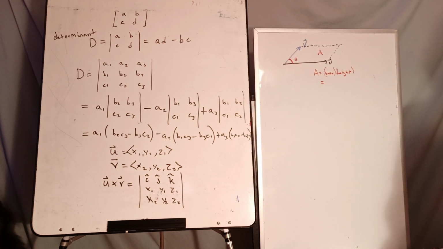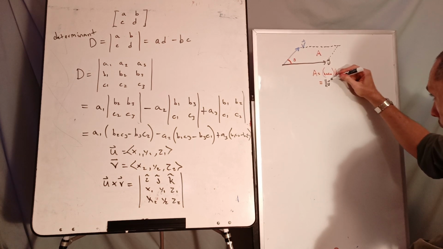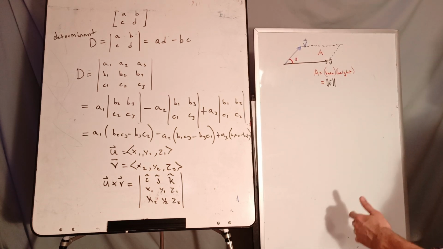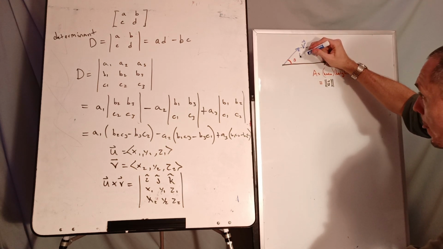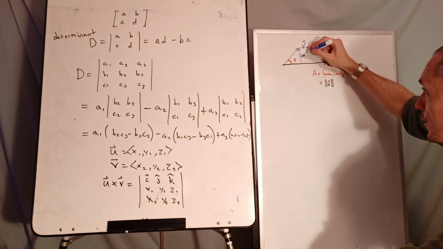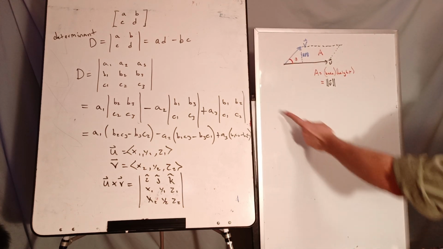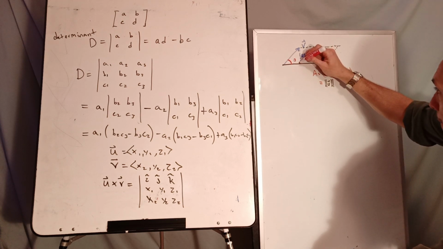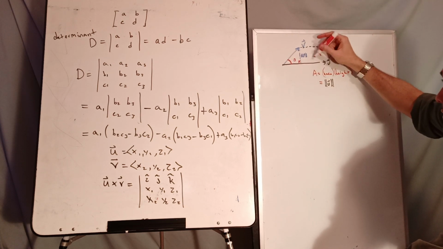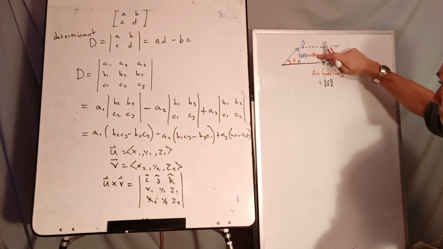The base is the length of U. But what's the height? Well, let's just look at a little bit of trig. That's the magnitude of V times the sine. It's the opposite of this. Height is dropping a perpendicular, right? So this is times sine, because we're opposite of theta. Move my A over.